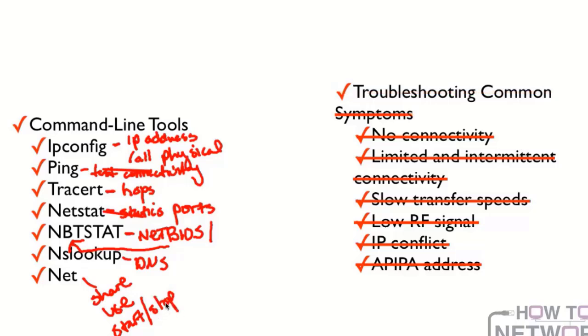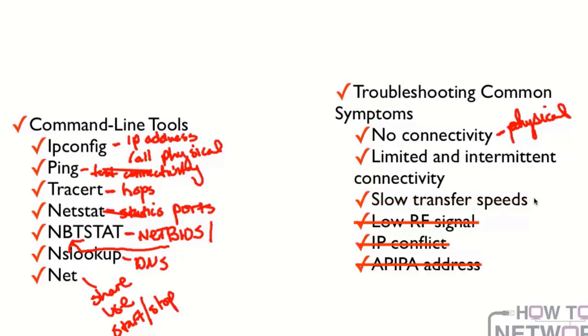We then talked about troubleshooting common symptoms, including no connectivity, which could be a physical issue, or it could be anything. Try pinging your TCP/IP, but generally I'm guessing that you're not even connected. Limited and intermittent connectivity generally means you're connected but not getting an IP address, or connected but not getting out to the network, which could be a problem with the router.